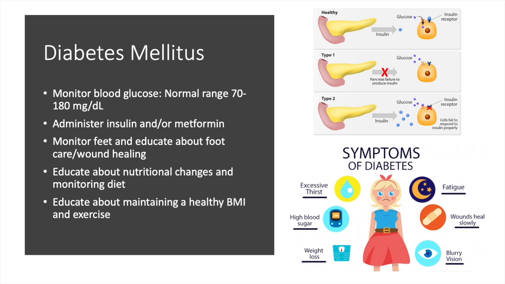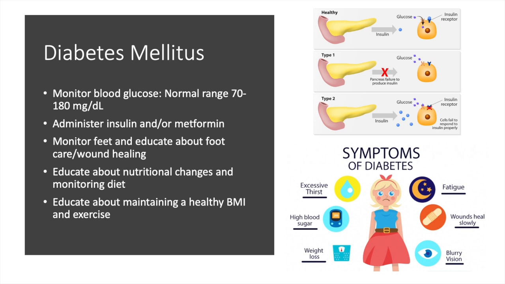So your symptoms are going to be everything related to hyperglycemia. So excessive thirst, fatigue, wounds that heal slowly or not at all, changes in vision, changes in weight, and certainly your glucose levels are going to be high.